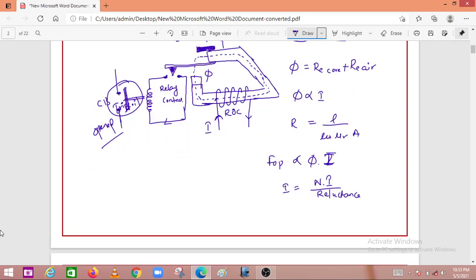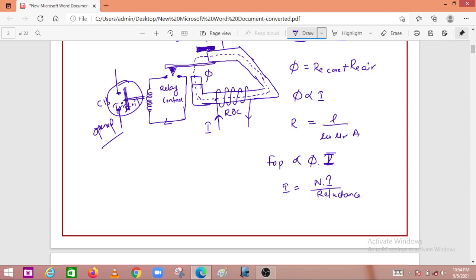And here we know the flux is directly proportional to I, the current flowing through that particular coil, and the reluctance is equal to L by mu naught into mu r into A, and the current flowing through that particular coil, I, is equal to ampere turns by reluctance.